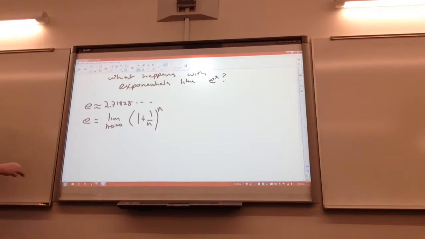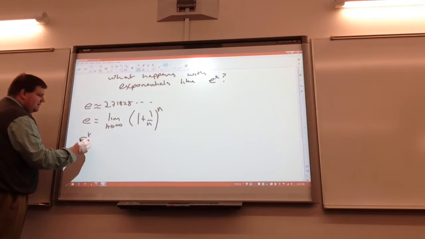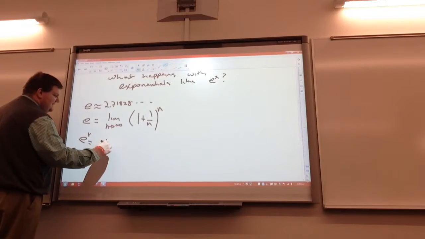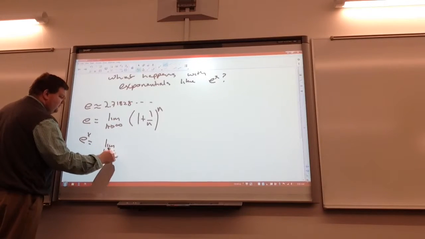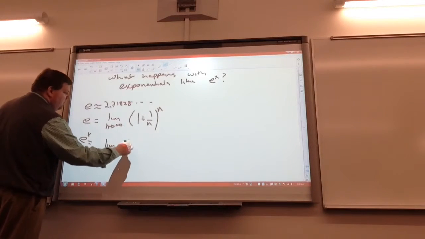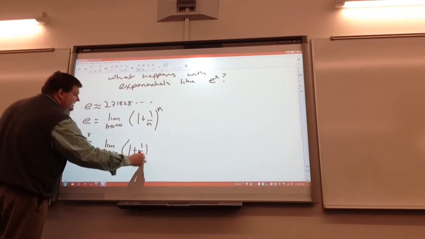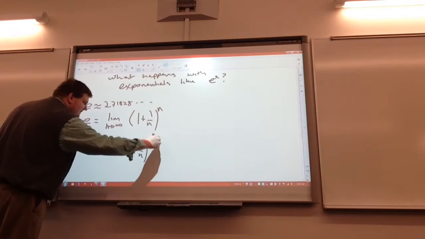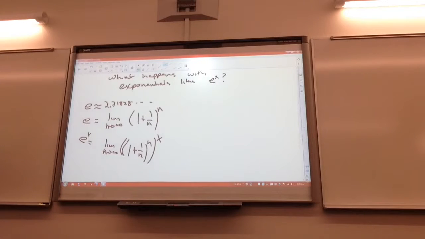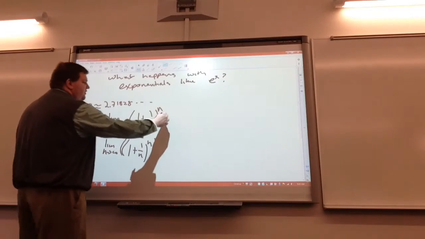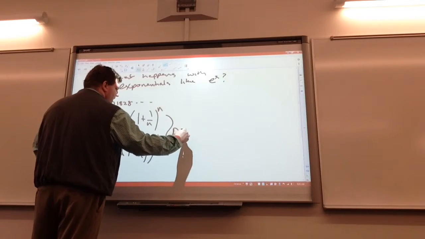So e^x would be equal to the limit as n goes to infinity of (1 + 1/n)^(nx). Where are you getting the x? It's just part of the limit. This goes back to the definition of what e is.